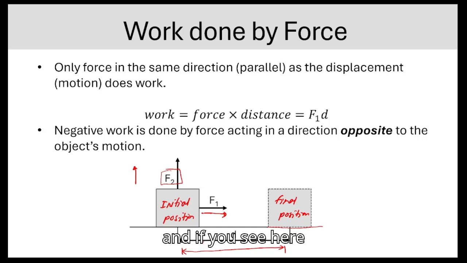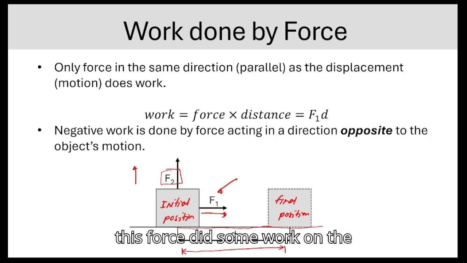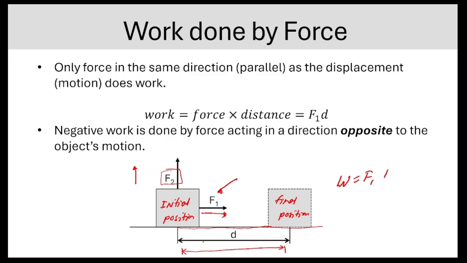And you can see here, the force F1 moved the object in the horizontal direction, so this force did some work on the object, and the work done is F1 times the displacement here.